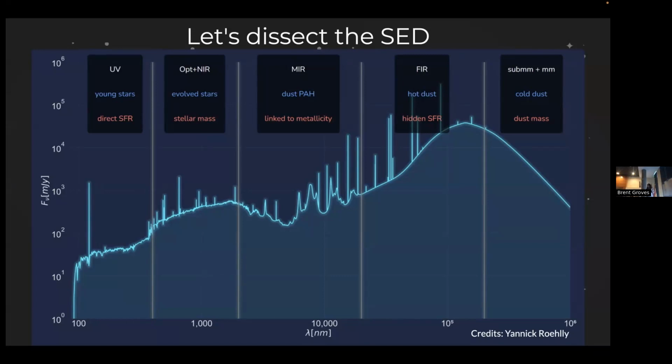The dust absorbs some photons and re-emits in the infrared range. For our work, we would like to fit models to reproduce our spectral energy distribution. How are we going to do that?